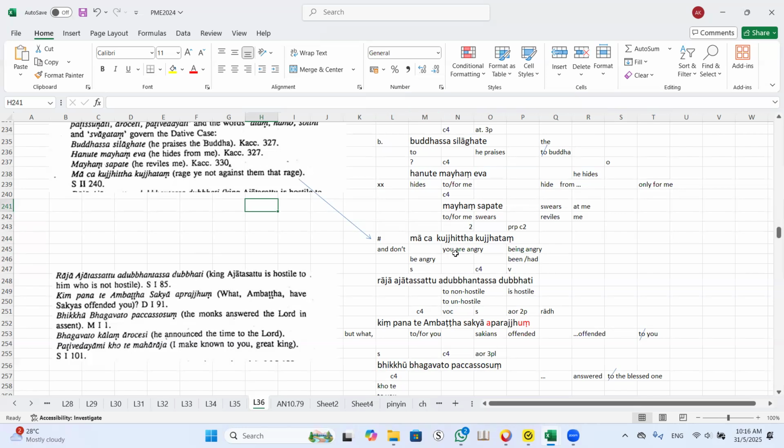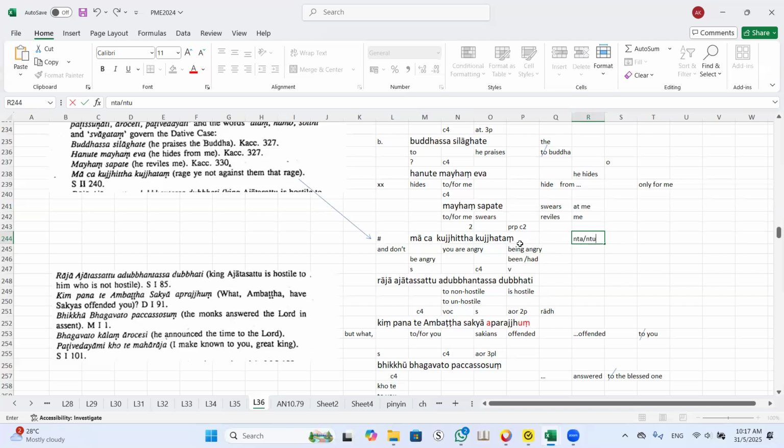That means this word has a ending. Because this one is Kujitam, it ends with NTA or NTU. NTU, NTA is a PRP, all right?